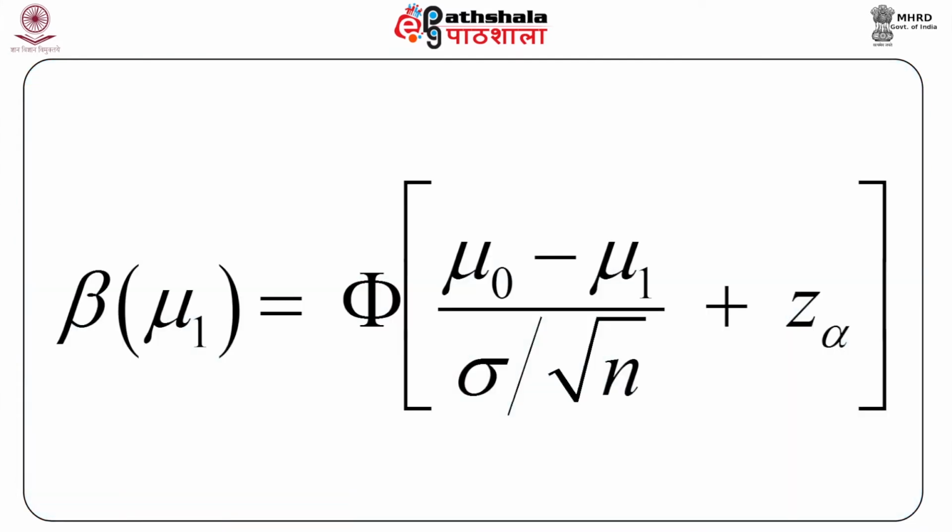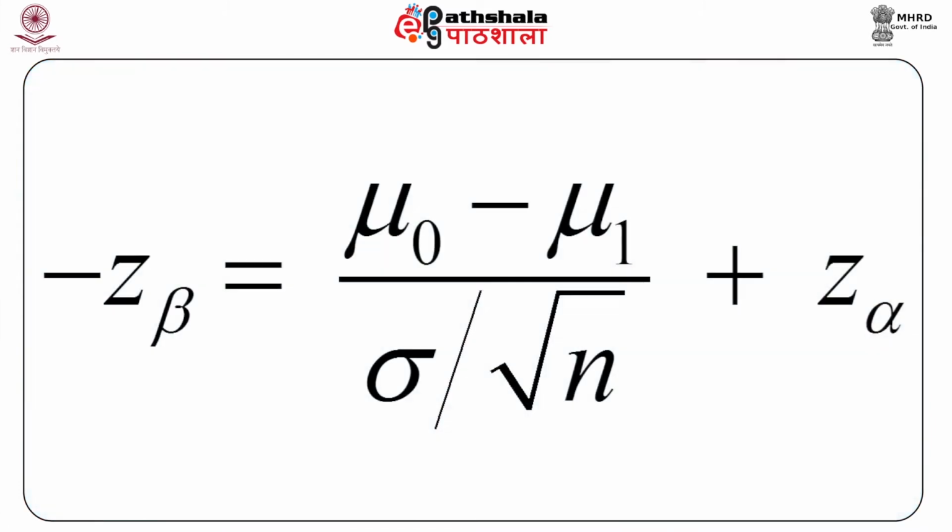In the upper tail test, the null hypothesis is that mu is equal to mu 0 versus the alternative hypothesis that mu is equal to mu 1, where mu 1 is greater than mu 0, and beta of mu 1 is equal to phi of (mu 0 minus mu 1) upon (sigma by root n) plus z alpha.